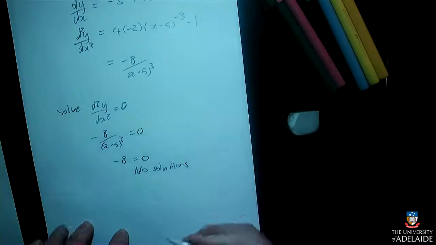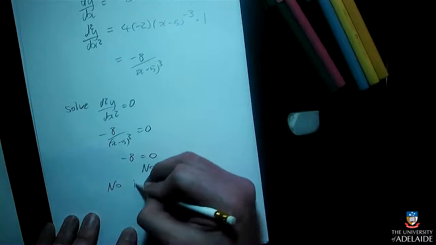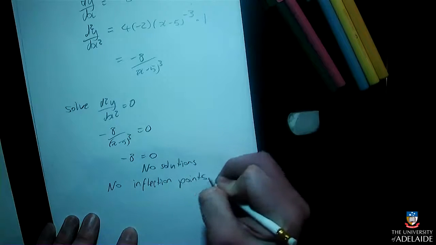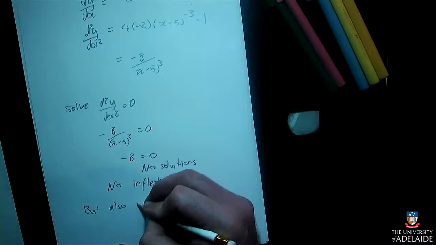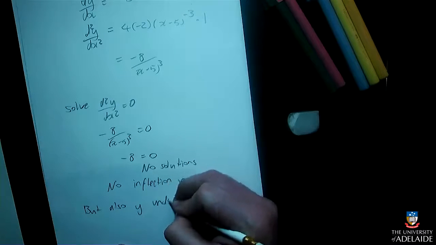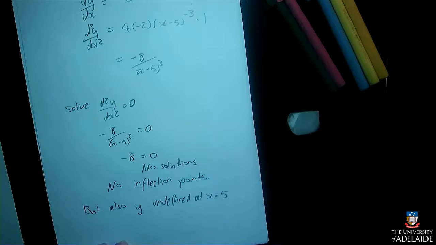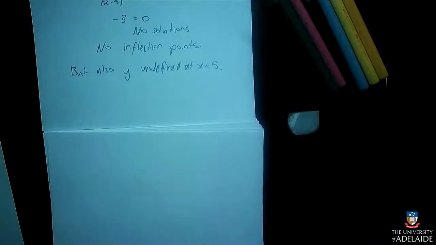Okay, so there's not going to be any inflection points, but also y is undefined at x equals 5, and so that's going to cause a sign diagram to be necessary still. And even if there was no inflection points, we would still draw a sign diagram and draw a big plus or a big minus.